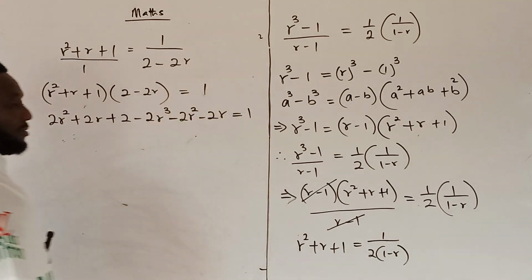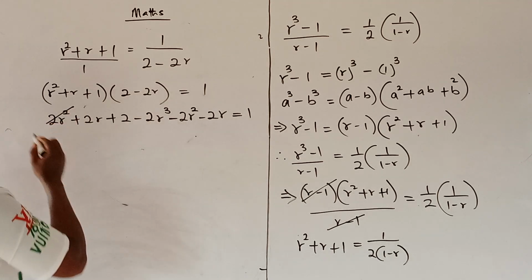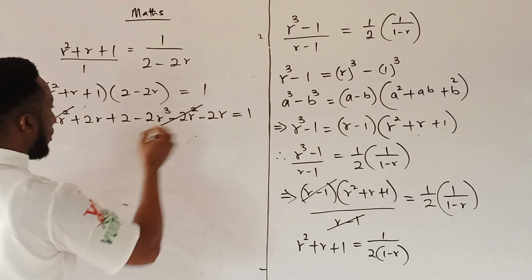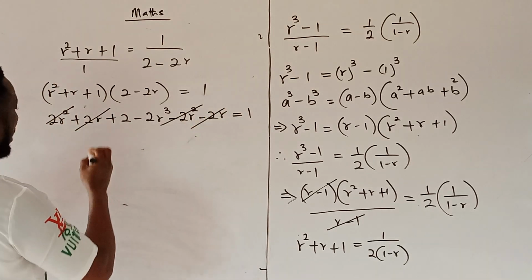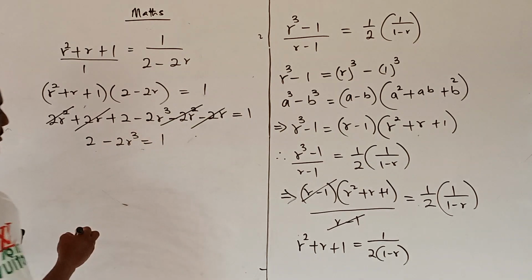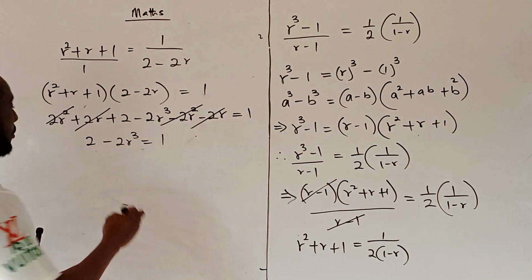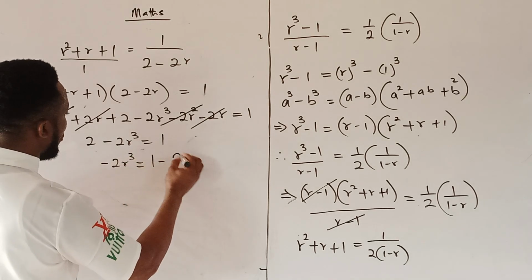Everything equal to 1. So as you can see clearly, 2r squared will subtract negative 2r squared, and 2r will subtract 2r. We are left with 2 minus 2r cubed equal to 1. If I subtract 2 from both sides, negative 2r cubed equals 1 minus 2.